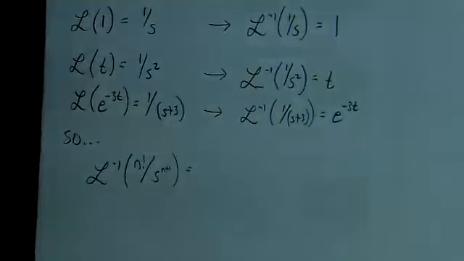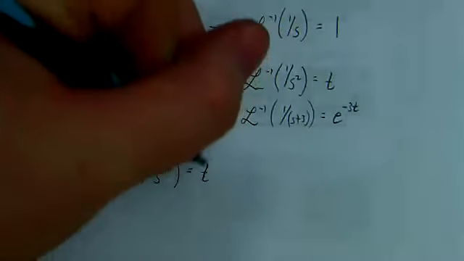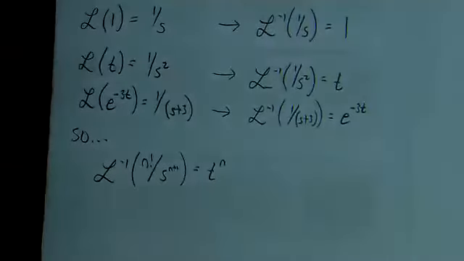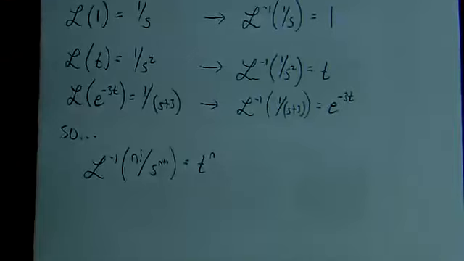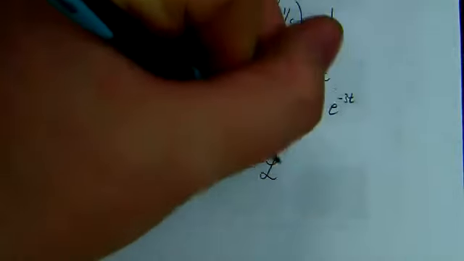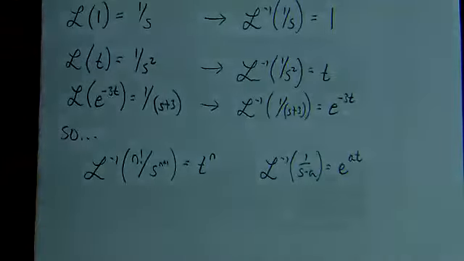we saw last time there was a function that gave us this, and it was t to the n. So we can say that the inverse Laplace of n factorial over s to the n plus 1 is t to the n. We can say that the inverse Laplace transform of 1 over s minus a is e to the at.